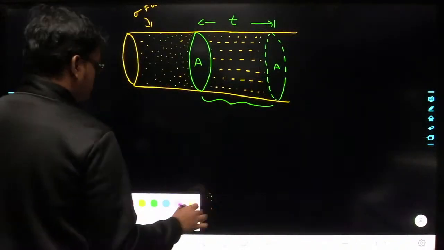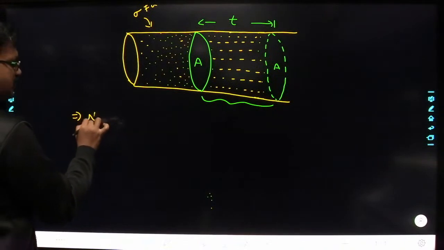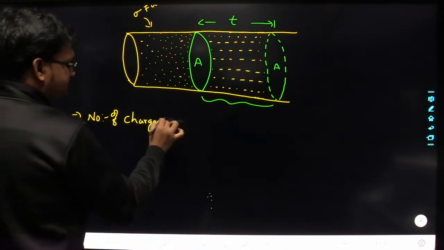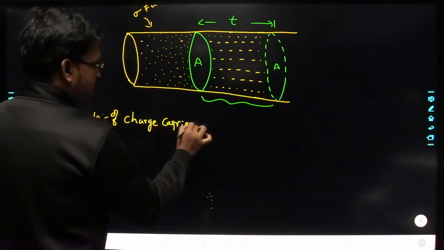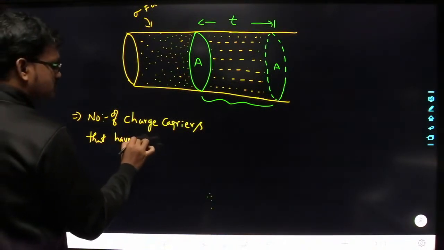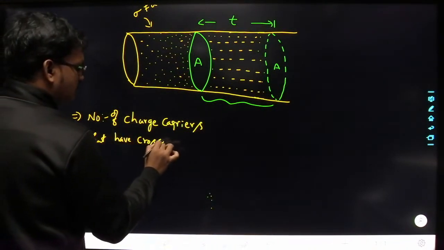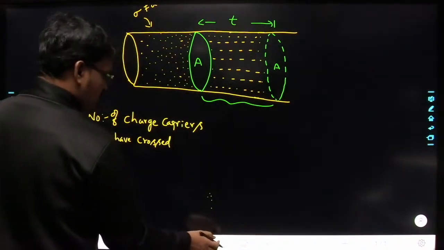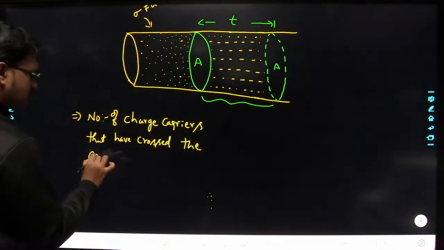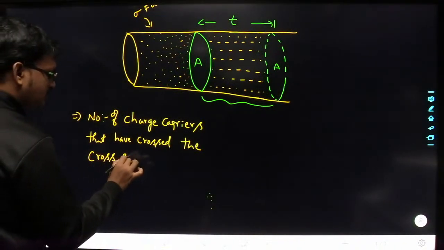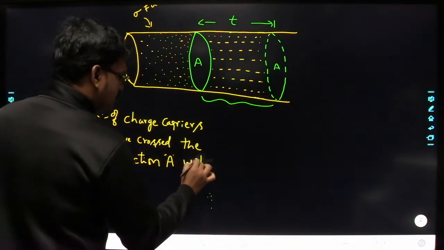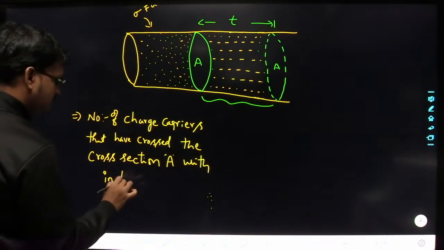I can write here the number of charge carriers that have crossed the cross section A within time t.